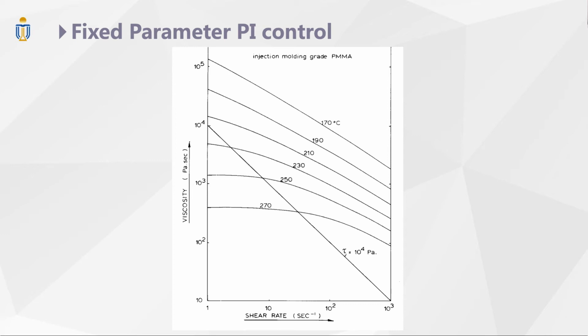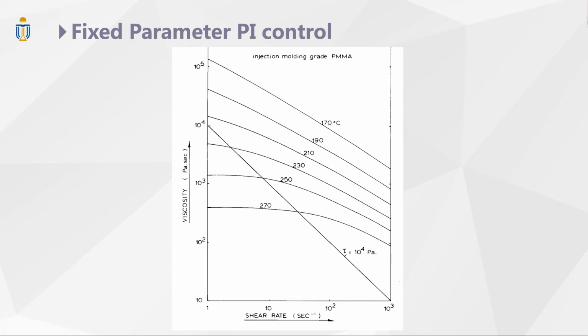You can see the viscosity changes with velocity not by 10%, 20%, but over tens of thousands of percent. This is one thing. Another thing you can see is that the viscosity also changes very significantly with melt temperature as well.